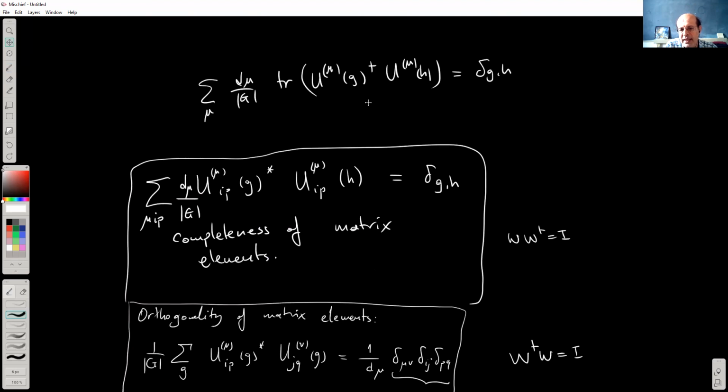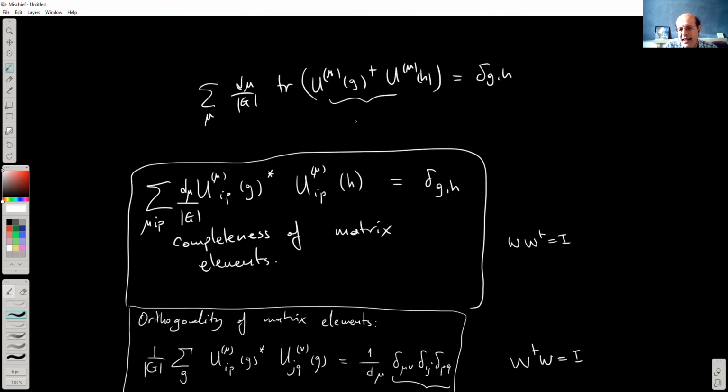You can actually show that this is the case. That's the representation matrix for G inverse H. So we basically express some relationship in terms of the characters. Let me say that this is useless right now. It will also be useless later because we are going to derive something more powerful.